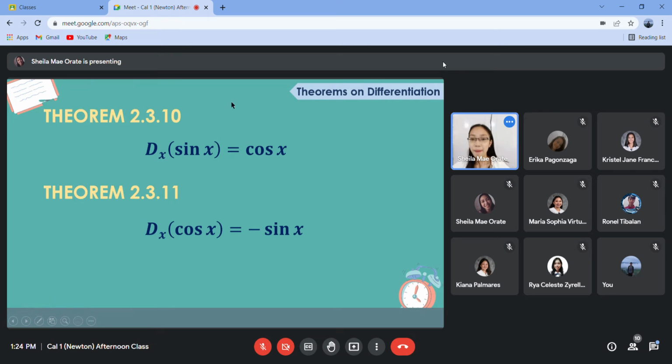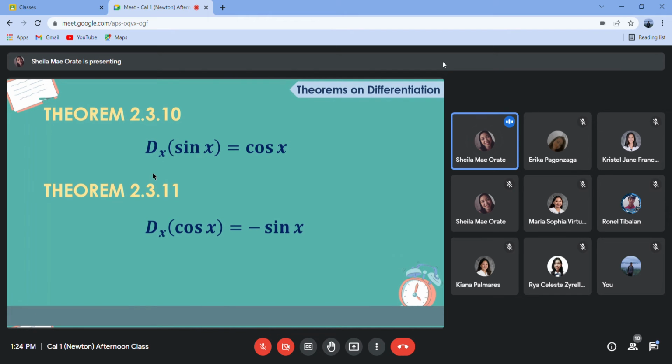So they are sort of swapped: the derivative of sine x is cosine x, and the derivative of cosine x is negative sine x. You have to remember this because it is very important when finding derivatives of trigonometric functions.